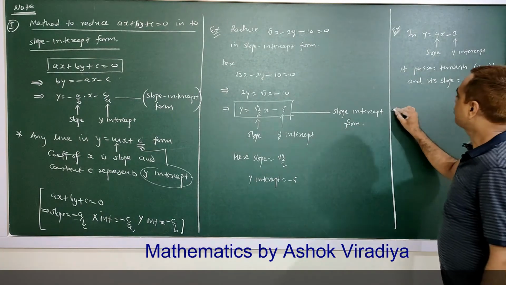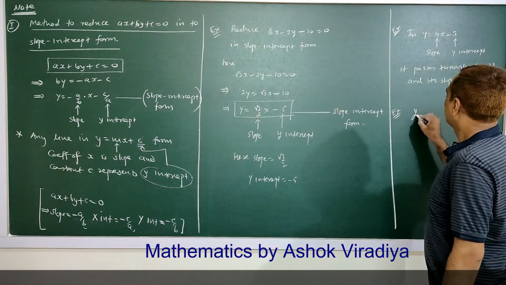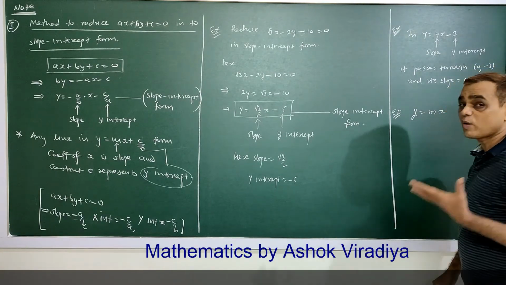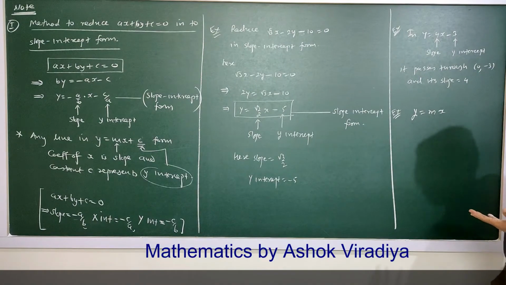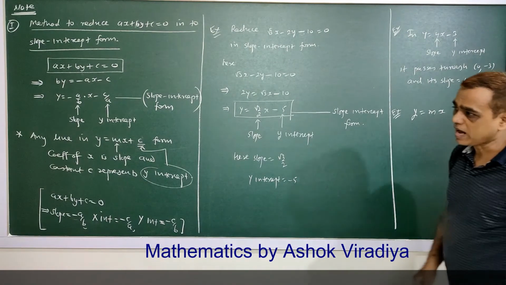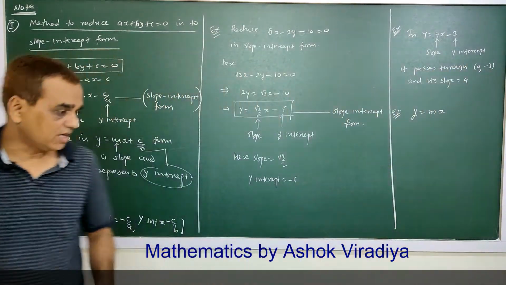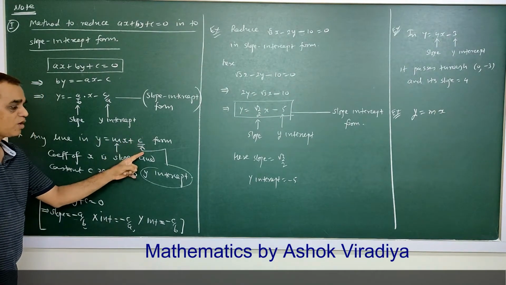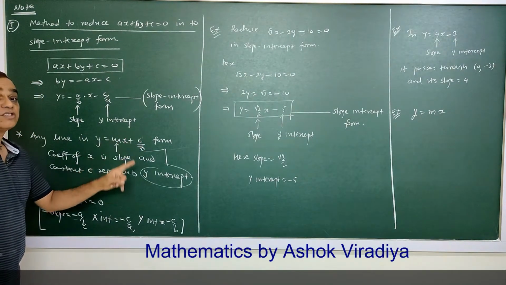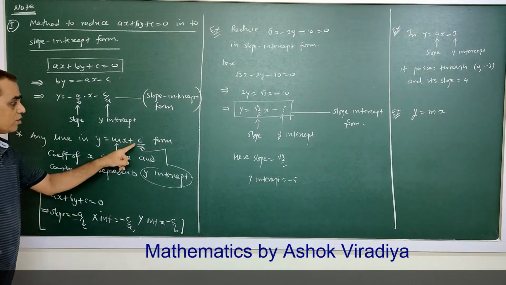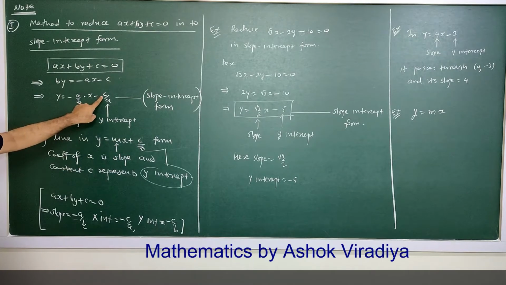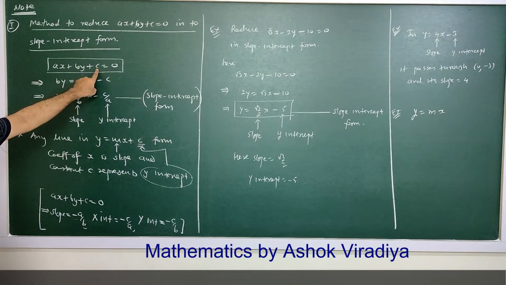Suppose the equation is y equal to mx. When we say y equal to mx, it is possible when the y-intercept is 0, so this part will be 0 if c is 0.